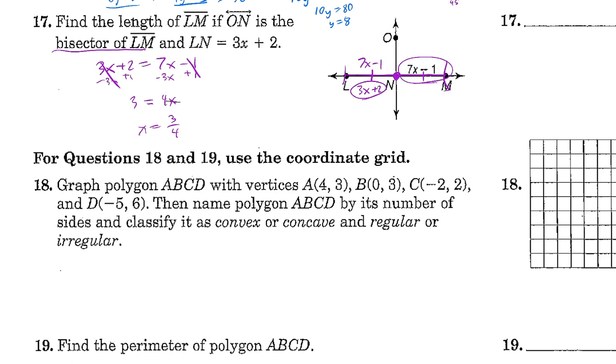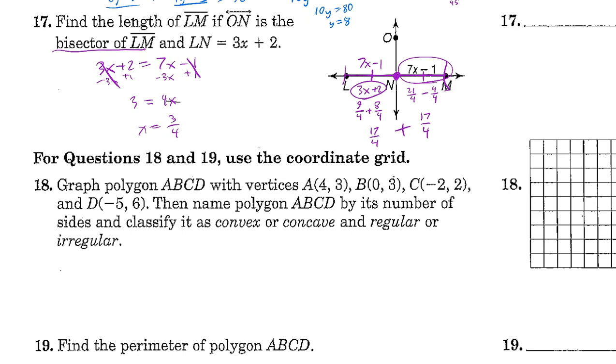Okay, it said find the length, so let's plug in the 3/4. On the left, into the 3x plus 2, that's 9/4 plus 2. 2 is 8/4, so we get 17/4. And on the right, 3/4 times 7 is 21/4, minus 1 is 4/4. So that's 17/4. So it did work out. Both halves were 17/4.